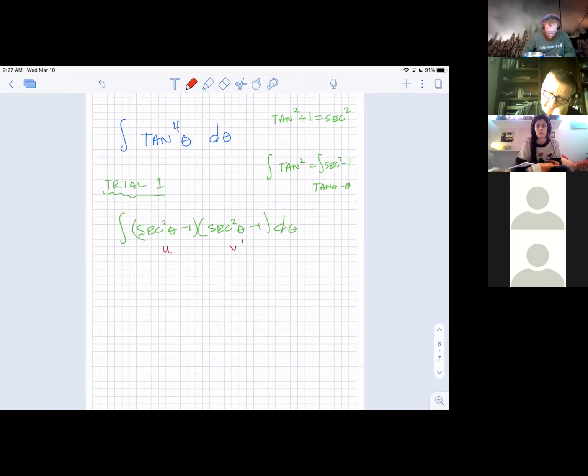So let's call that v prime and u. So if u is secant squared minus 1, the derivative of, oh boy, this is horrible. This seems like a terrible idea. Derivative of secant is secant tangent.